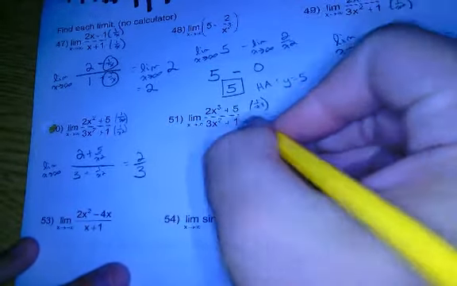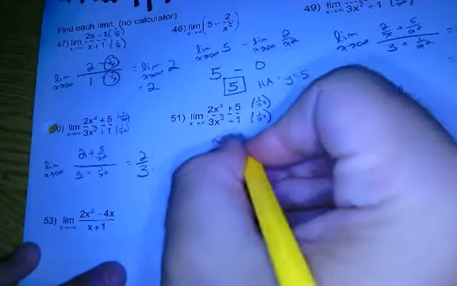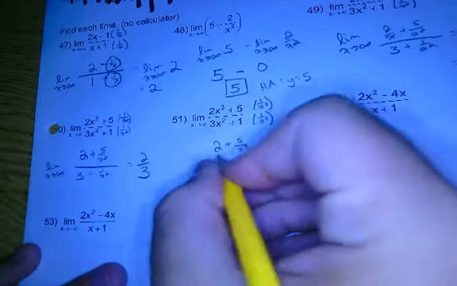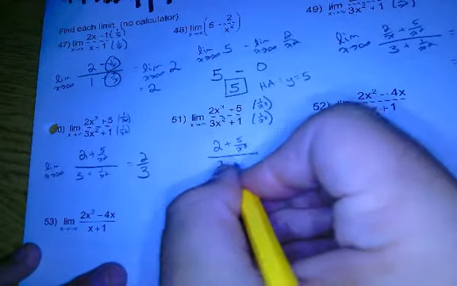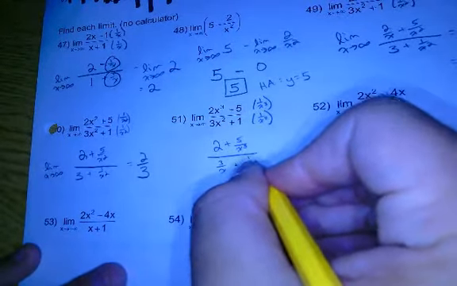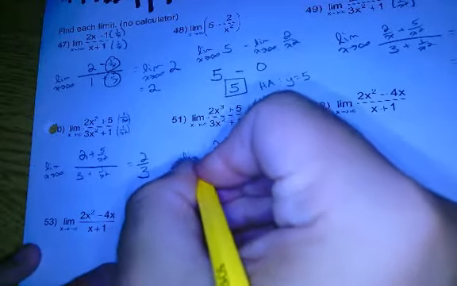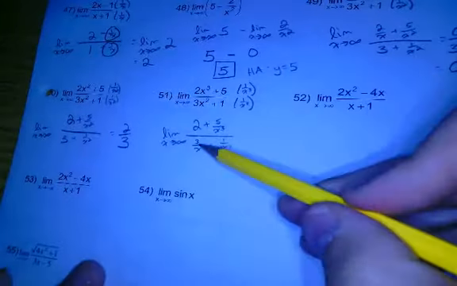So I'm going to get 2 plus 5 over x cubed, and then 3 over x plus 1 over x cubed. Please notice how that becomes 3 over x now, because of the x squared and the x cubed. Two of the x's cancel out, one's still there.